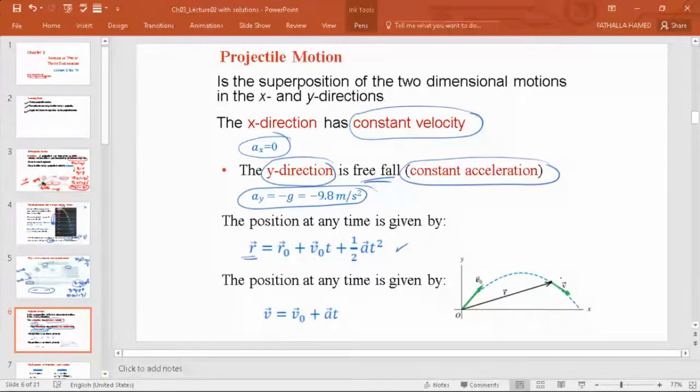So whenever you want to look at your position at any point, it will be basically described by a position vector and a velocity vector. Your acceleration is already taken care of. It is 0 i hat plus minus 9.8 j hat. And that's basically your acceleration.